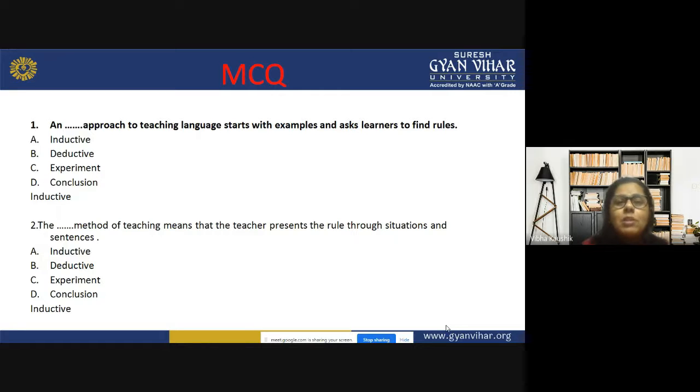So these are the options and the student has to select the correct one, and the correct answer is option A, that is inductive. If the teacher is using that particular method of teaching, then he first presents the rules through situations and sentences.